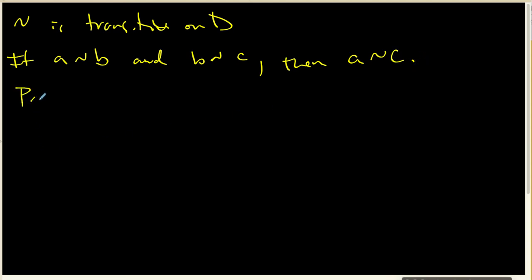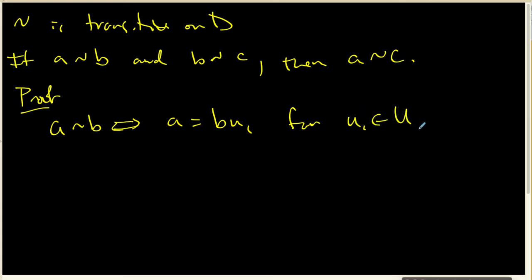Well, the proof of this would go along these lines. A is an associate of B means that A can be written as B times U1 for some U1 inside the set of units.